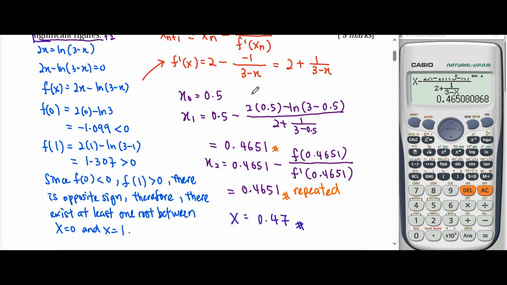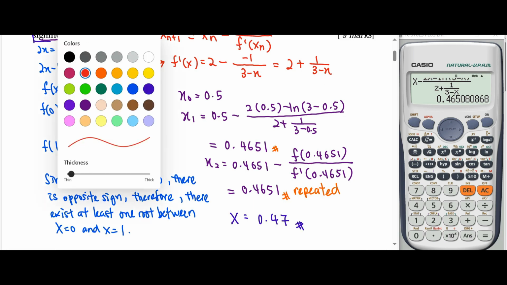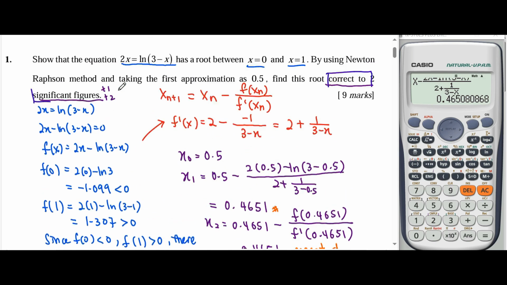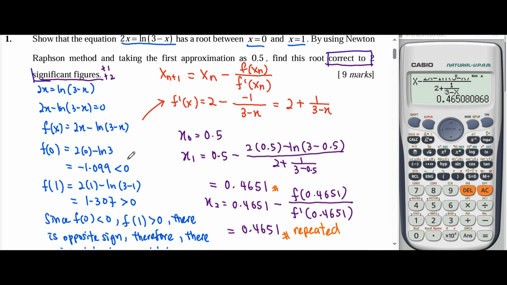So that's all for this question. Alright, so we see what is important here. Firstly, we are testing you on the algebraic method, showing the root. So substitute your first value, and then substitute your second value, and then you come up with the conclusion.